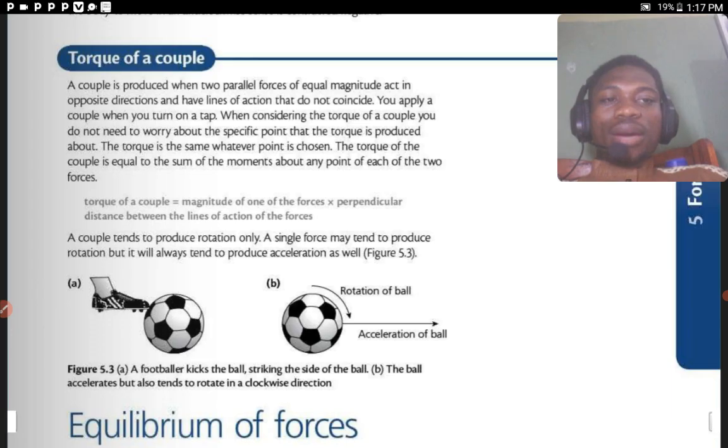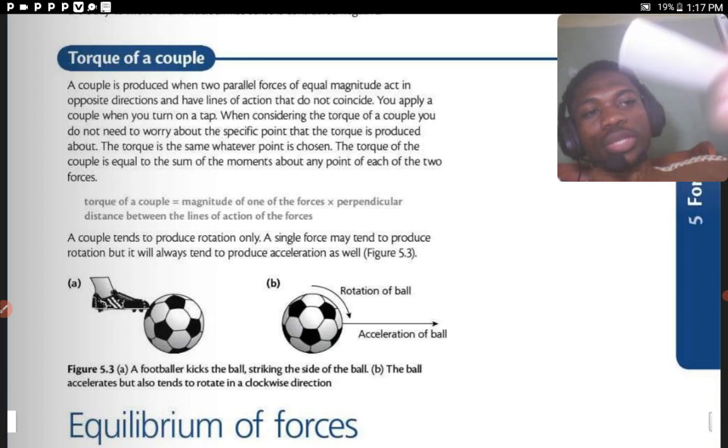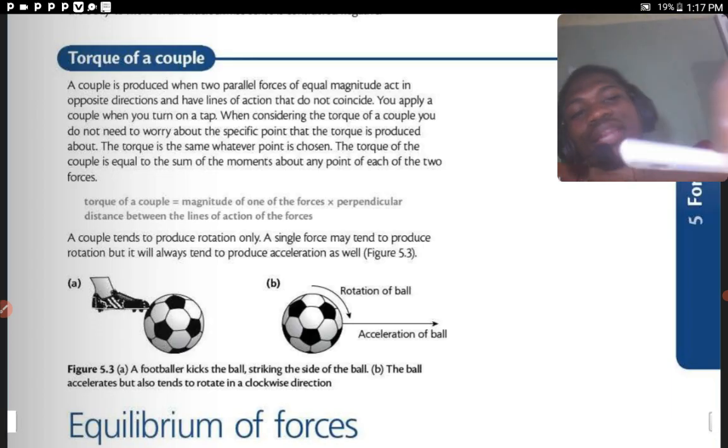Now, you apply a couple when you turn a tap like this. When you turn a tap, you are applying a couple.